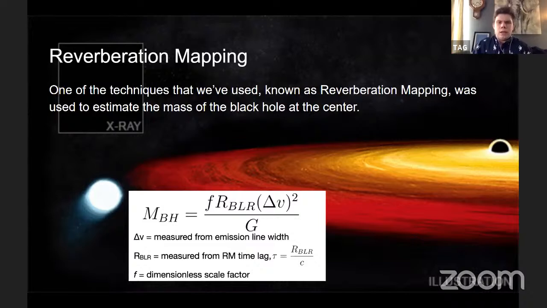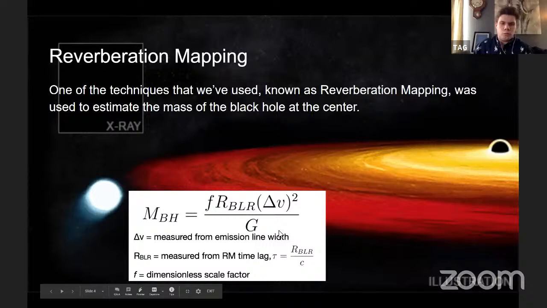One of the techniques that we've used, known as reverberation mapping, was used to estimate the mass of the black hole at the center. This is how we did it. MBH equals, that's the formula.